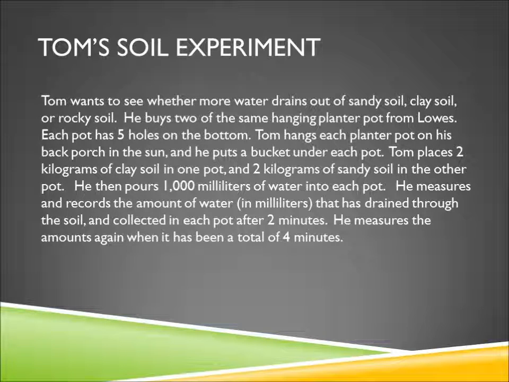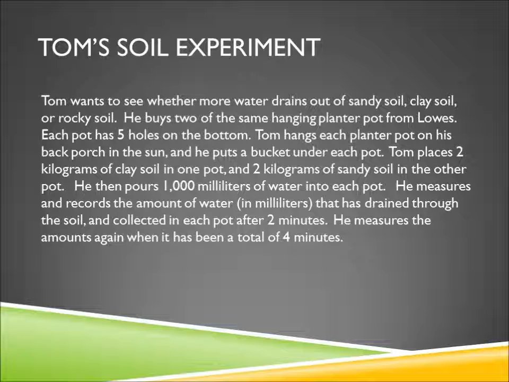And you see, these controlled variables have to be the same for both, or it won't be a fair experiment. Tom places 2 kilograms of clay soil in one pot and 2 kilograms of sandy soil in another pot. He then pours 1,000 milliliters of water into each pot.